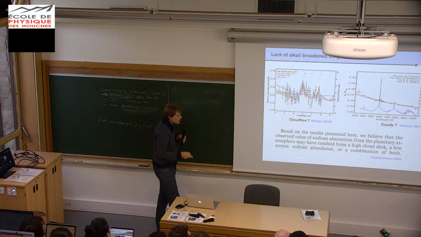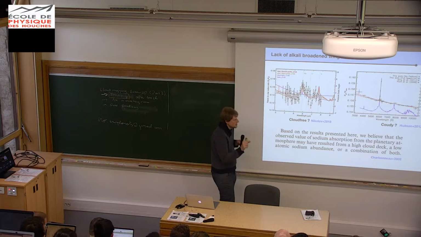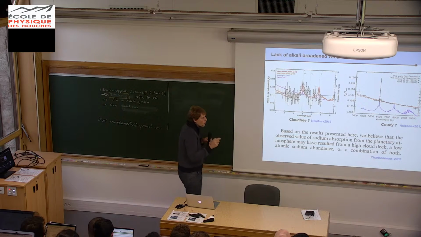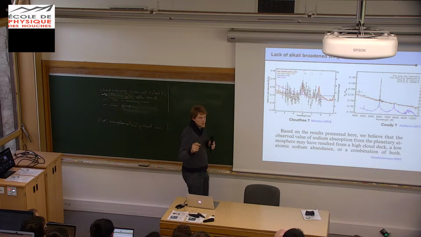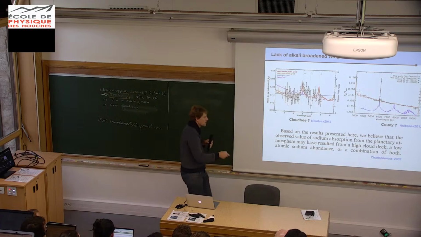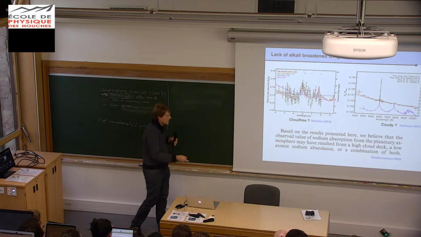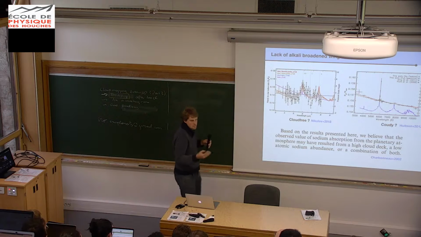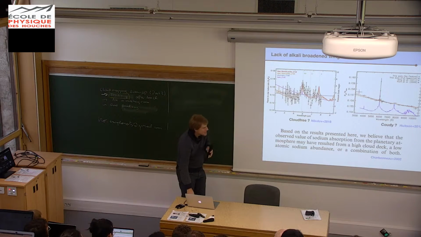By the way, observing a sodium line that's not wide enough was already a clue of clouds in the first detection of an atmospheric feature in an exoplanet, by Charbonneau 2002, where he was saying that sodium is too small, what's going on? Maybe clouds, maybe something else. I think we're still roughly at the same stage now, with slightly better data.